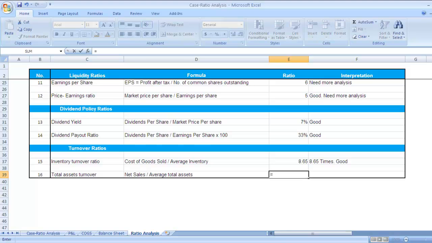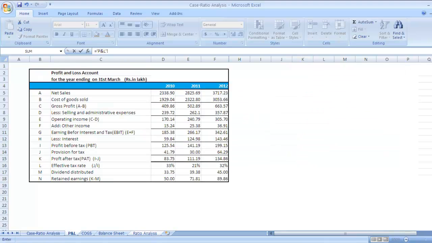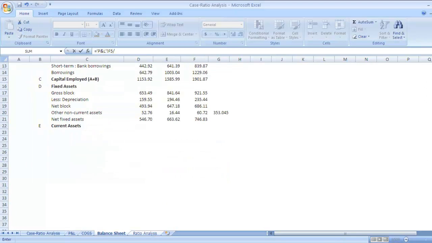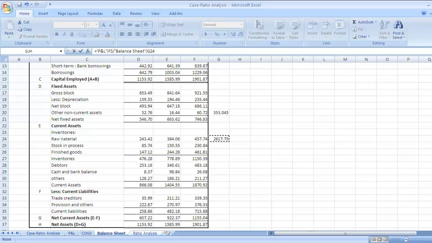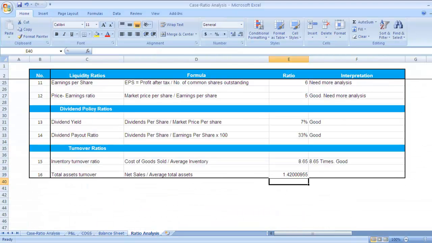For net sales, we need to go to the P&L. Net sales is 3717.23. That divided by total assets. Total assets we have calculated in the balance sheet, that is 2617.75. Press enter. That equals 1.42 times.